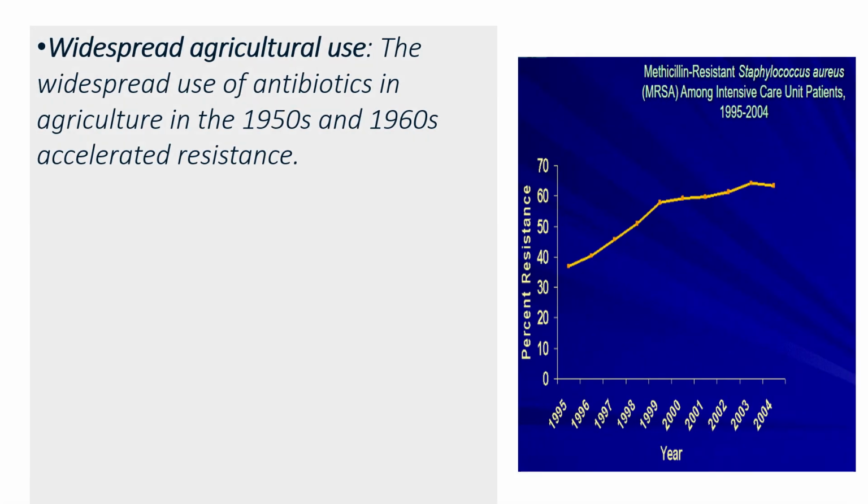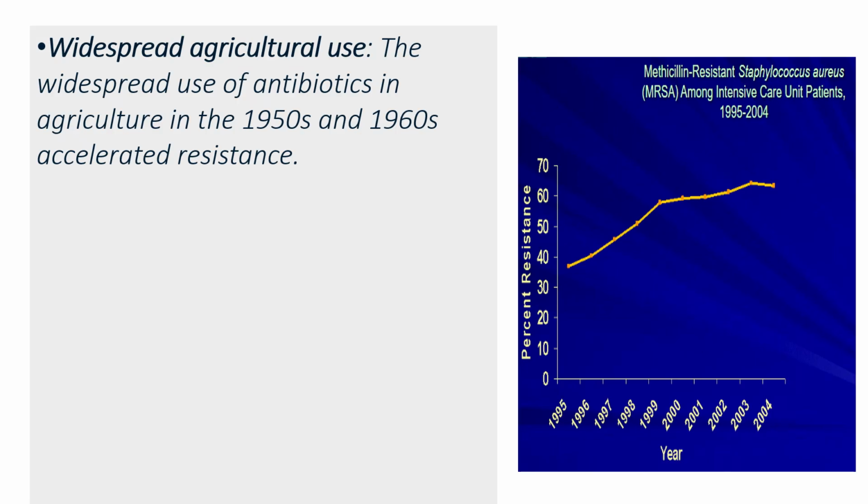The first cases of penicillin-resistant Staphylococcus aureus were reported as early as 1942, just a few years after the drug's widespread use. Think about that. The evolutionary pressure exerted by penicillin was so strong that bacteria were already evolving defenses.